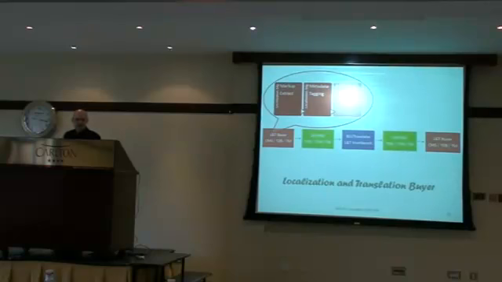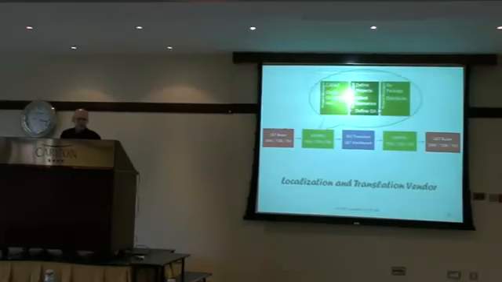We start with a localization manager, and you see that the localization manager has to mark up and extract the content that needs translation and so on. That's pretty much how the processes are organized in the localization and translation industry.